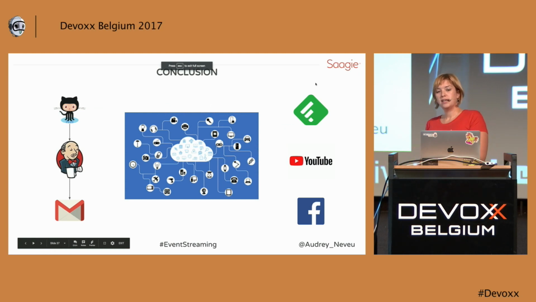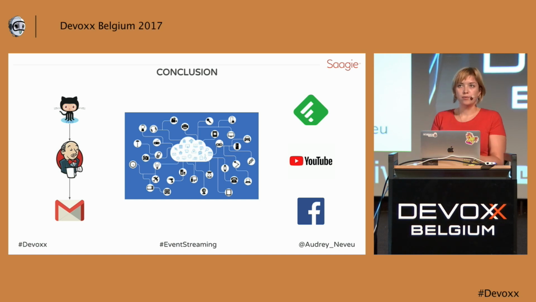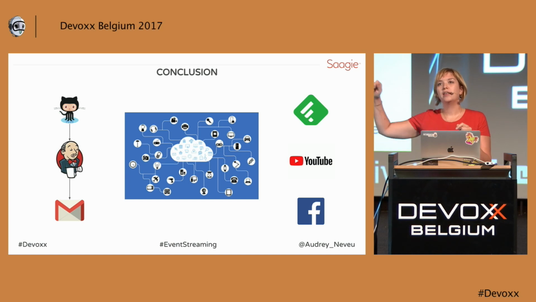As a conclusion, I would say that, as you probably guessed, both technologies are very different. When it comes to workflow, for example, every time there is a new merge event, I would like to trigger a Jenkins job and notify developers by email, you will use webhooks. We can also think about webhooks for IoT issues because typically IoT events are completely unpredictable, but you want to react immediately.